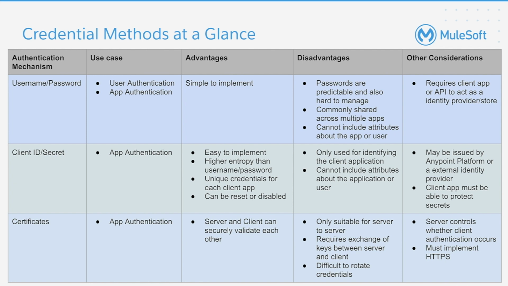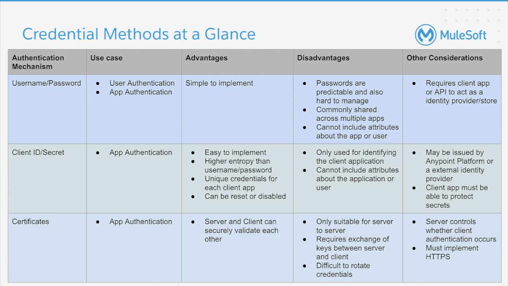It's important to remember that this can only be used for identifying a client application, so we cannot include any attributes about the application or the user itself. Client IDs and secrets may be issued by the endpoint platform or an external identity provider like Okta or Ping. And it's important to remember that the client app has to be able to protect the client secret, so it may not be the best fit if you're building a single page application or a JavaScript client where you cannot protect secrets.